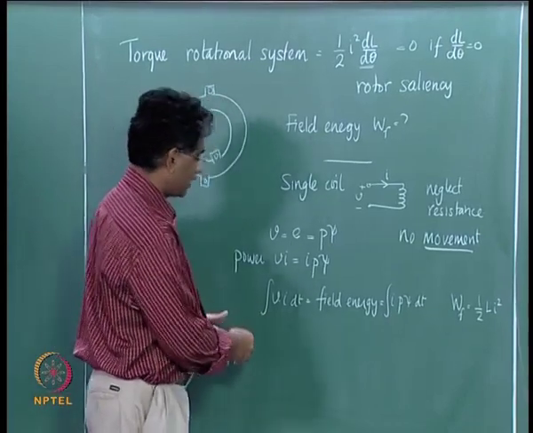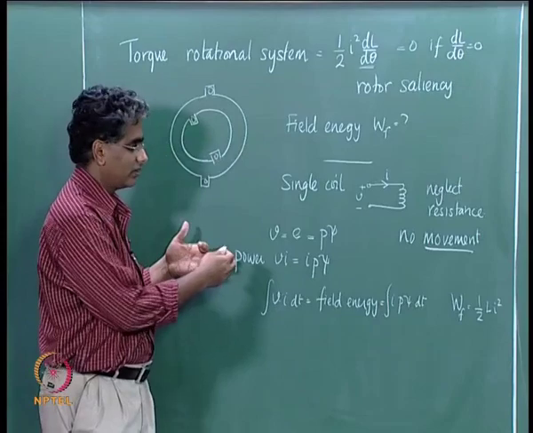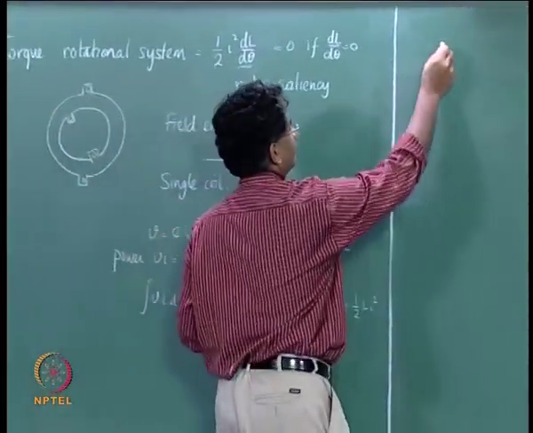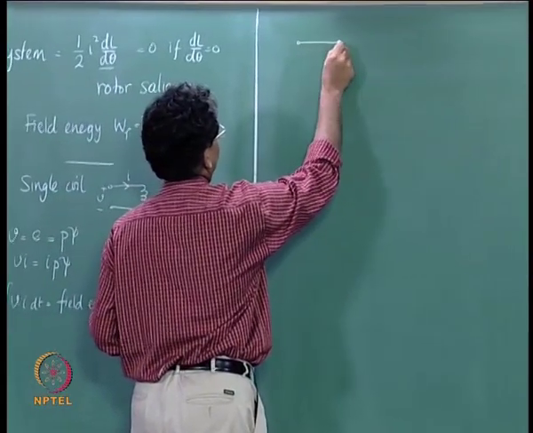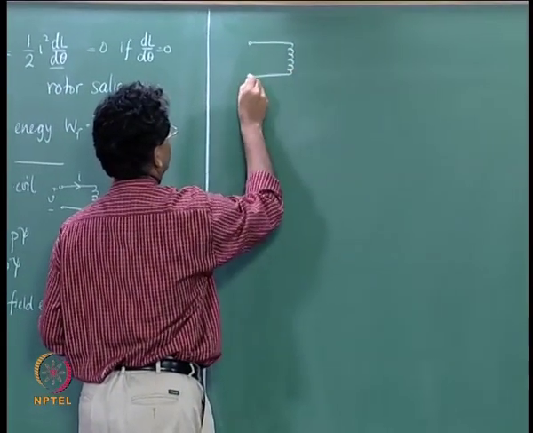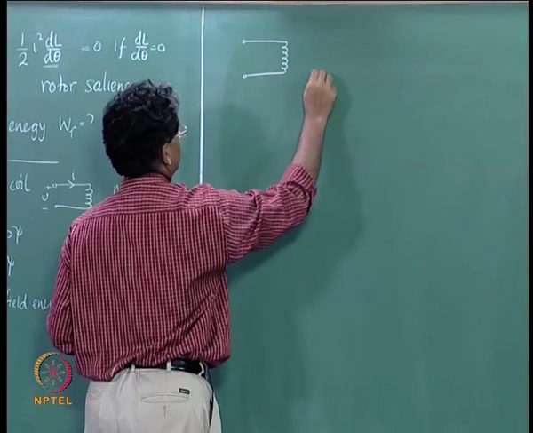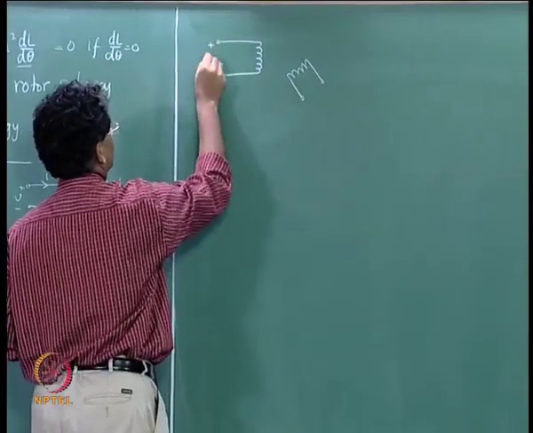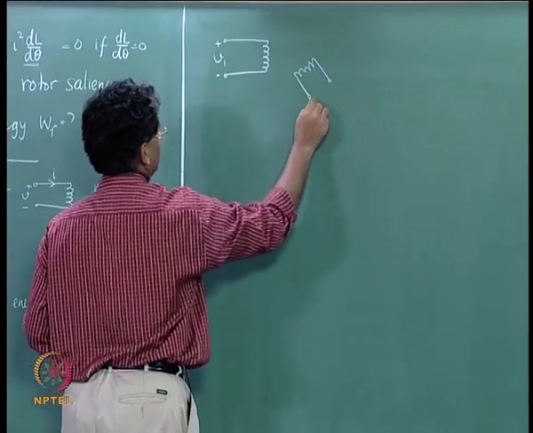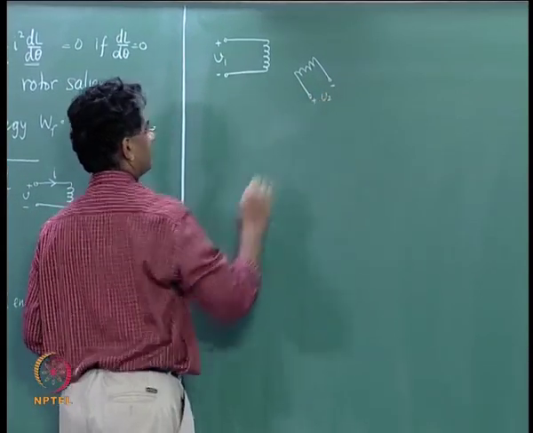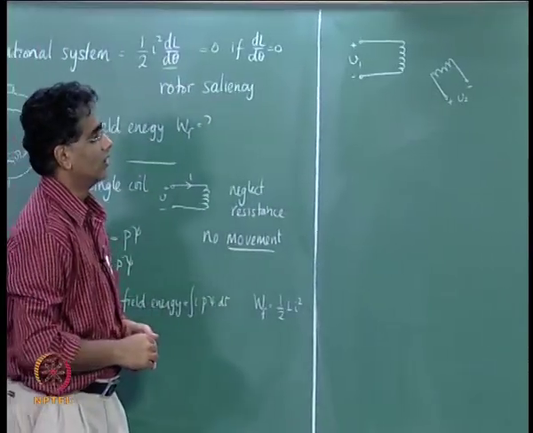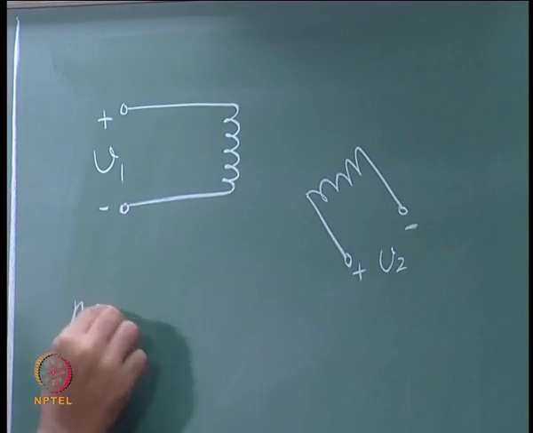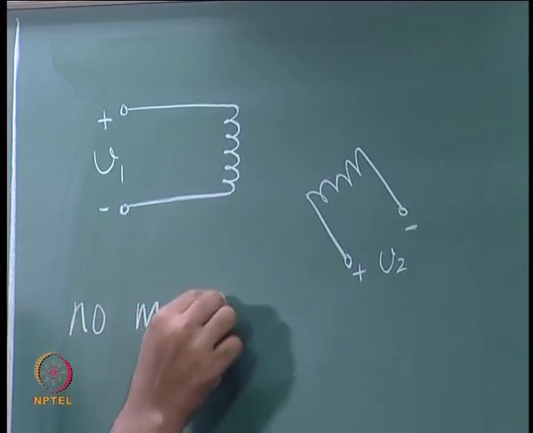Now if you have more than one loop like this, for example let us say that you have a coil here and another coil placed somewhere else. You are applying a voltage V1 here and a voltage V2 here. Again assume that there is no movement, no mechanical output.